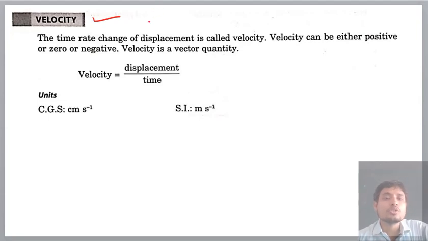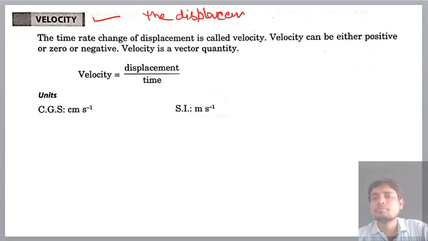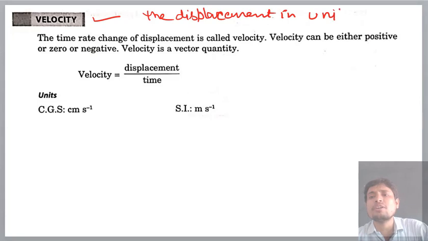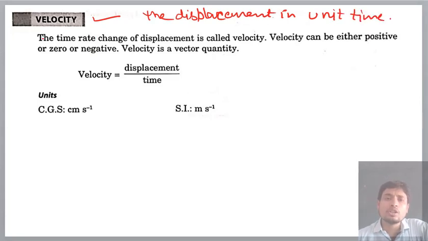Okay. So, the velocity can be defined as the displacement covered in unit time. Okay, this is called the velocity. Or in another way, it can also be defined as the time rate of change of displacement.